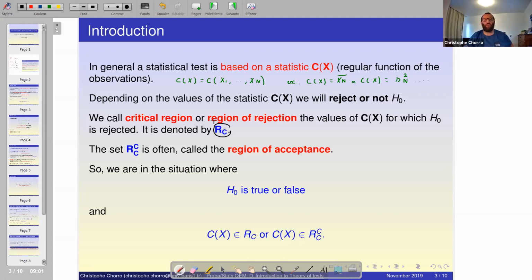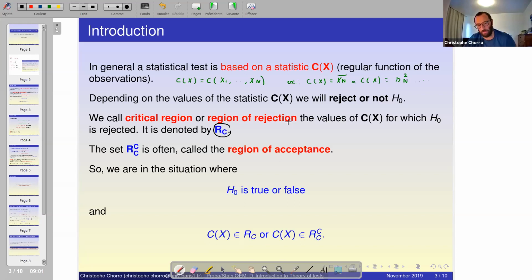And what I will do is that if this number belongs to this region, it means that I will reject my hypothesis. If this is not the case, if C of X doesn't belong to this region, I won't reject my hypothesis.